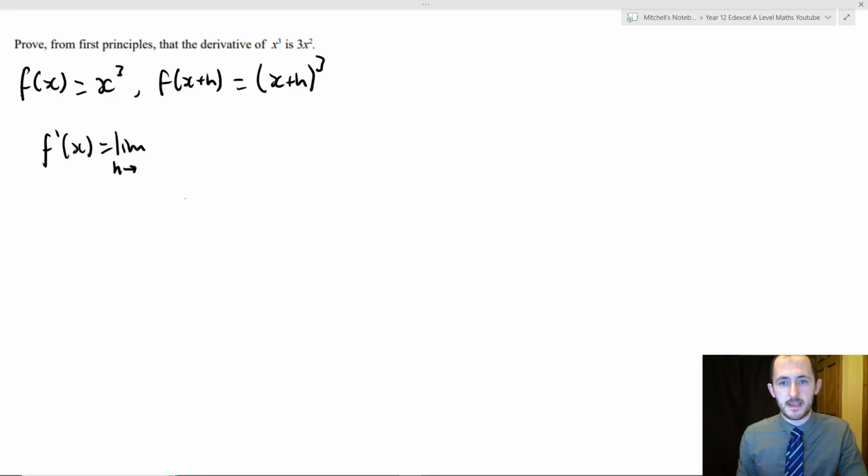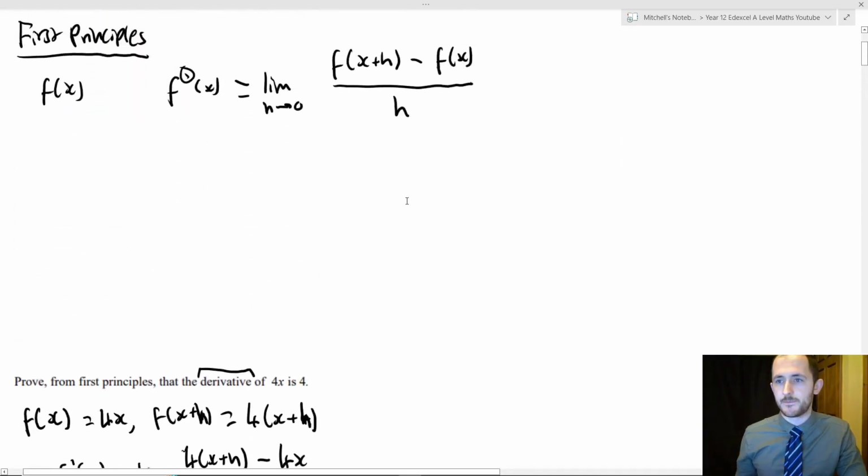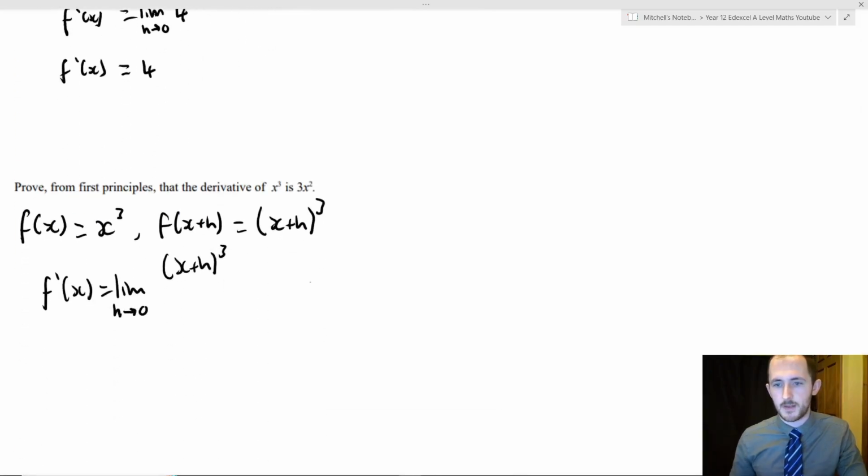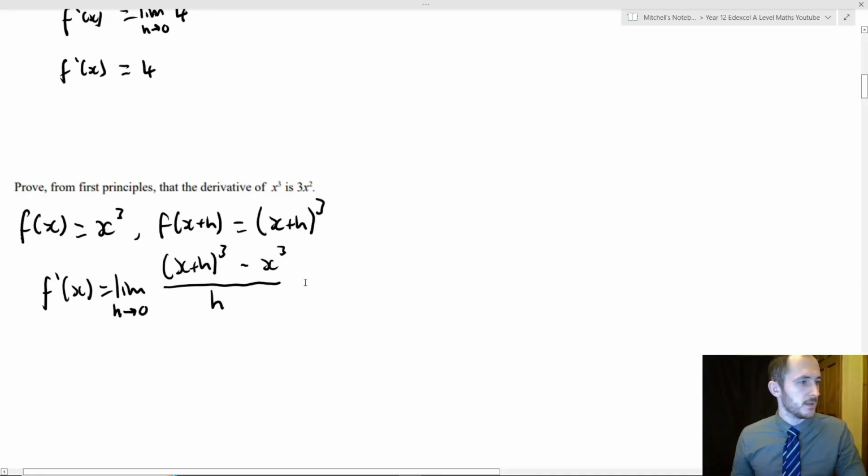Again, I'm going to be a bit lazy, and hopefully I'm not going to write limit every single time until I actually take the limit. And we have f of x plus h, so we have x plus h cubed. Again, I'm just using the formula here. Minus f of x, so minus x cubed, over h.